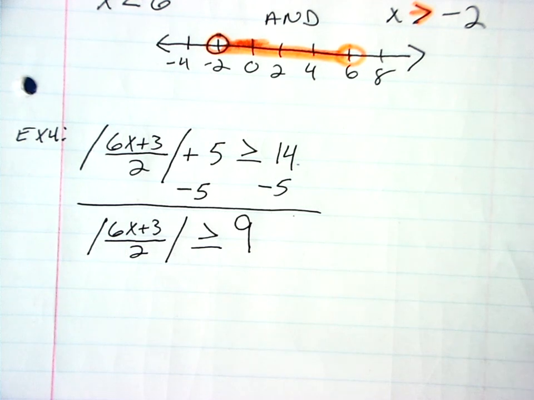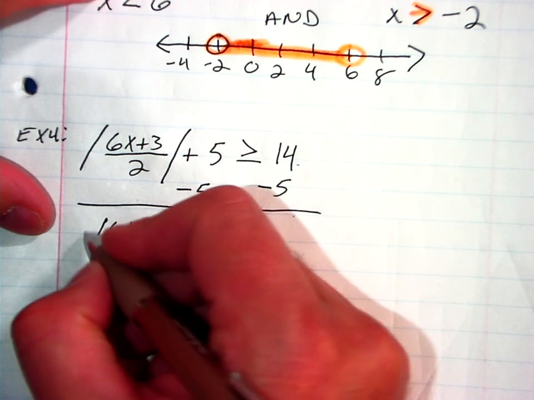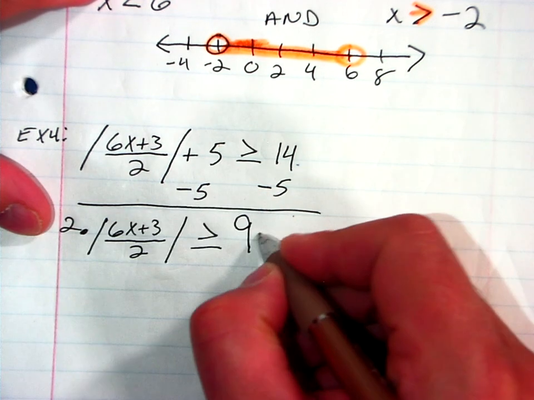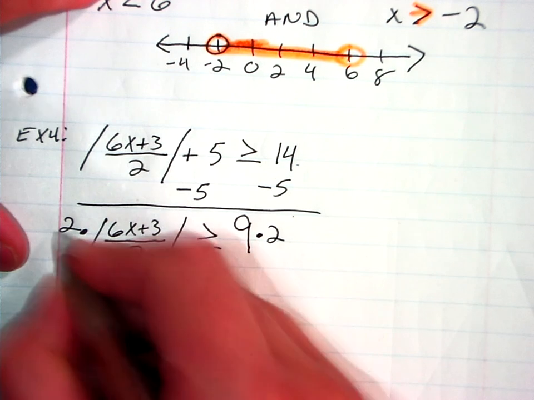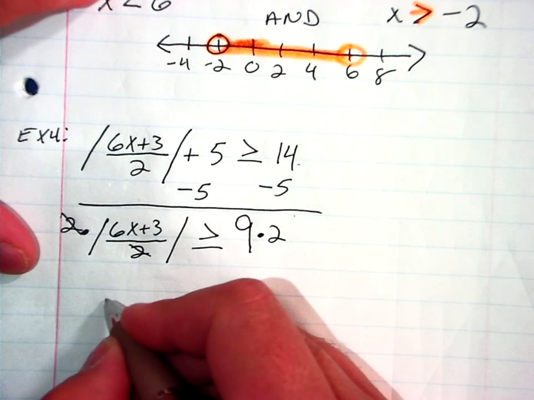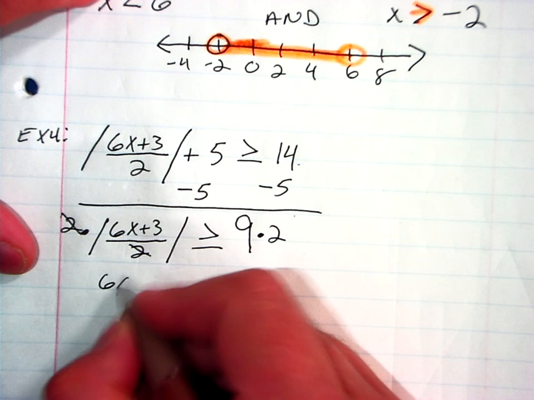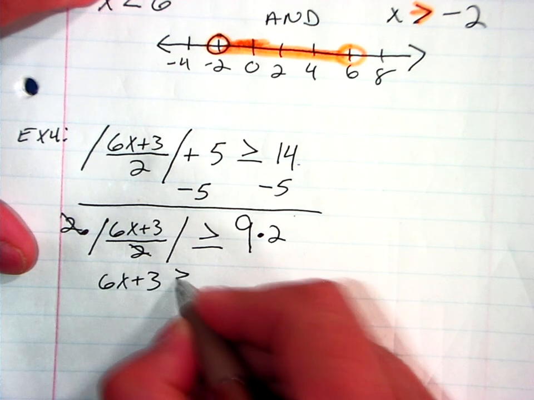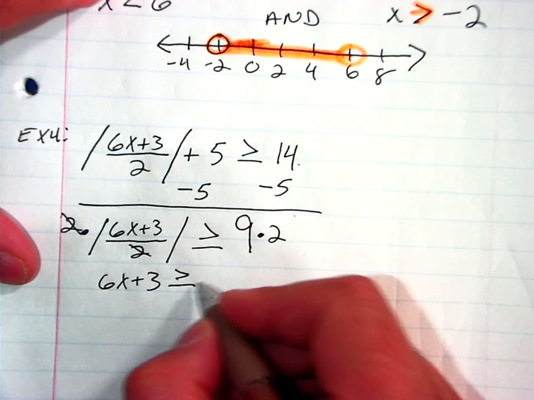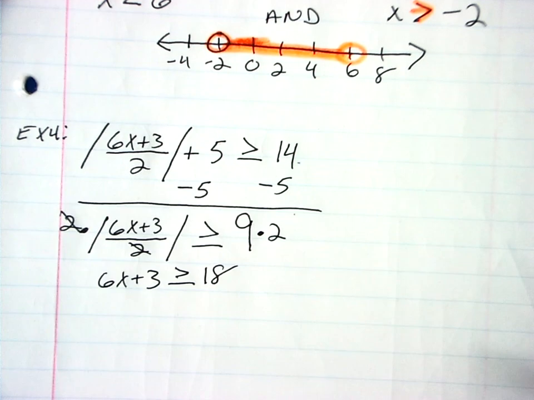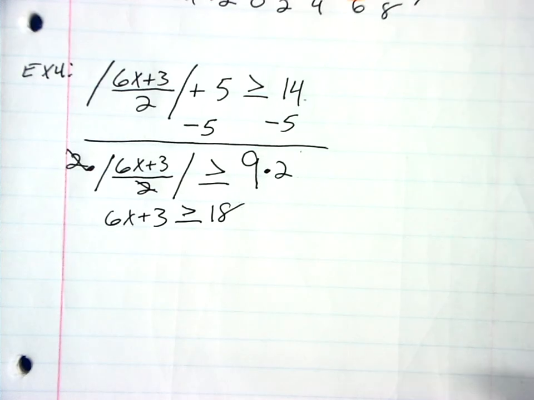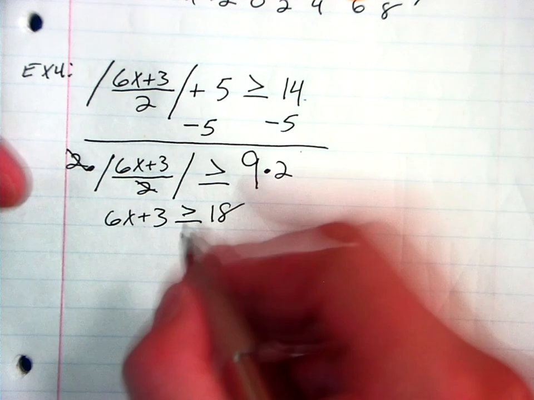So now we have to solve for x. What's the 2 doing to the 6x plus 3? It's dividing, so to get rid of it, we're going to multiply both sides by 2. And those are going to cancel out. So now I have 6x plus 3 is greater than or equal to 18. All right, let's keep going.